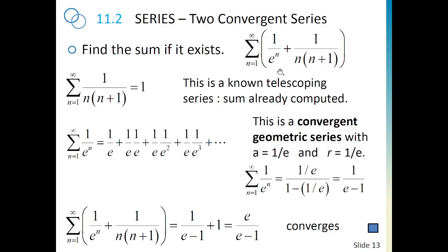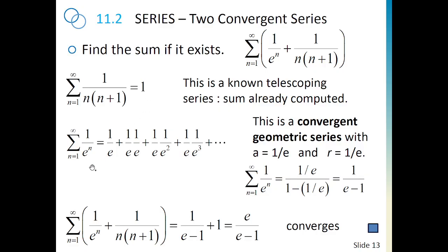Another example, here we have one piece that is a geometric series, and the other one will be a telescoping series. We already solved this problem, and we found that the telescoping series has the sum equal to 1.